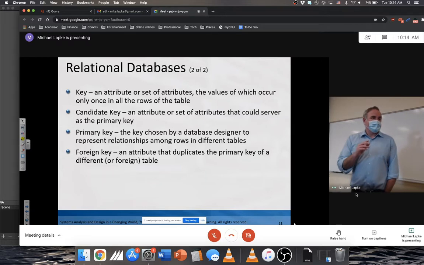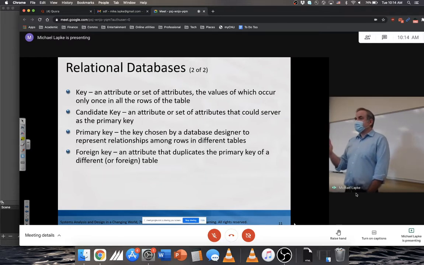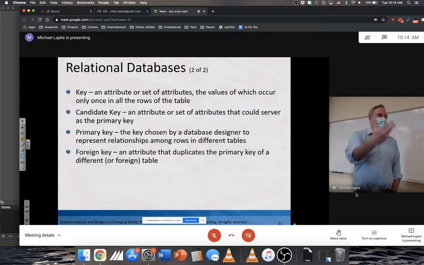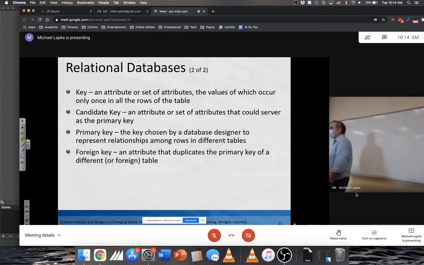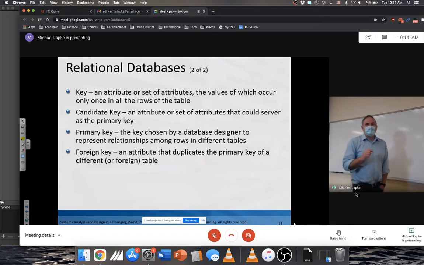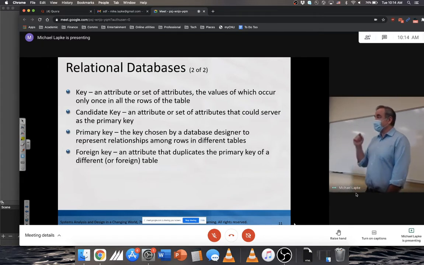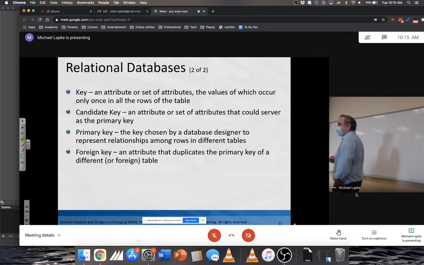This is the field that I use to identify the relationship to another table. Every table has to have a primary key, at least one, sometimes more than one. Those are called composite keys. Not every table has to have a relationship, a foreign key. But if there is a relationship, one of the two has to have a foreign key.